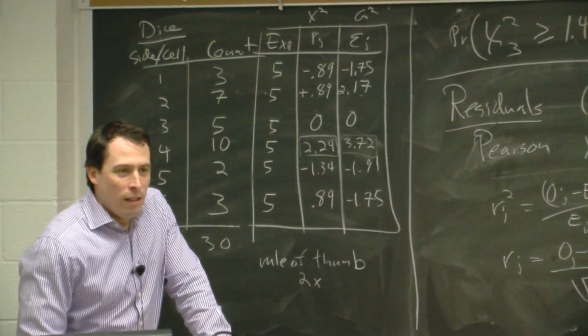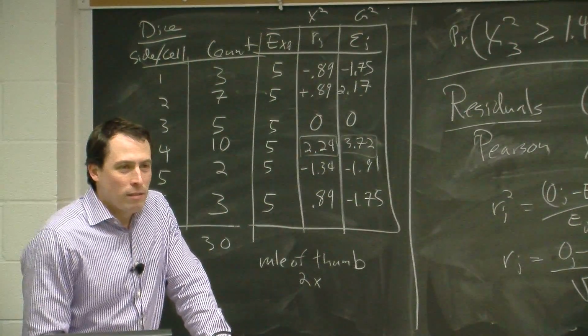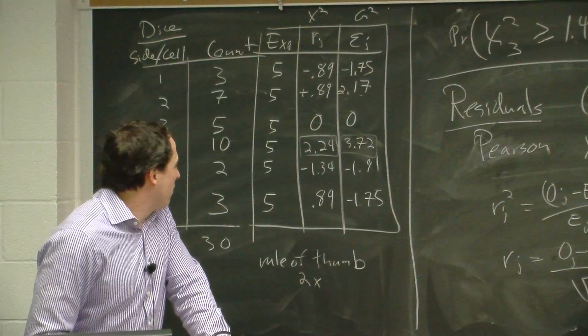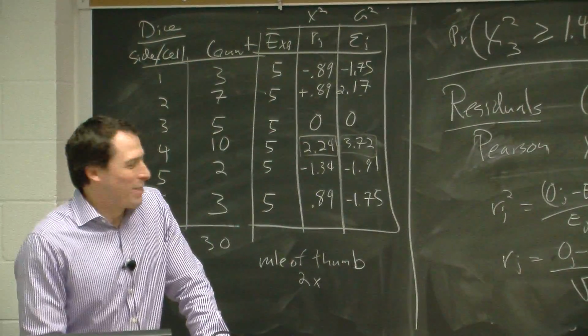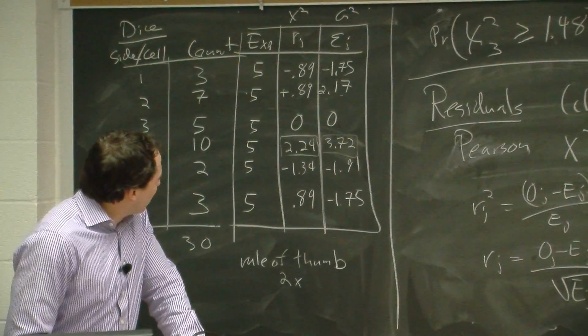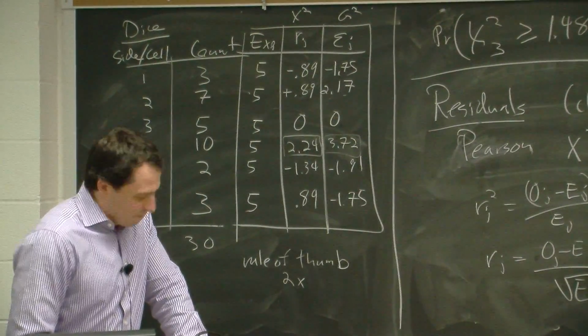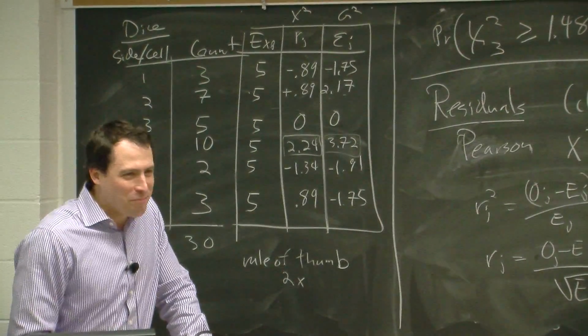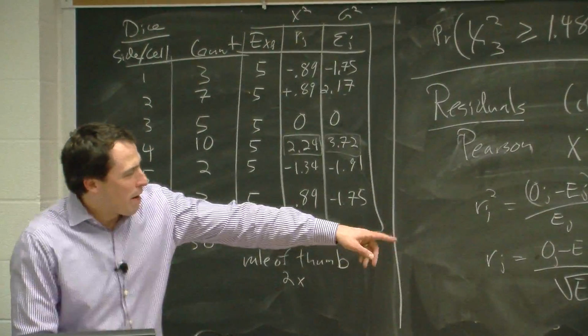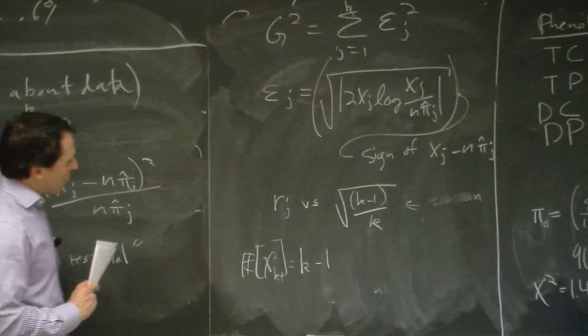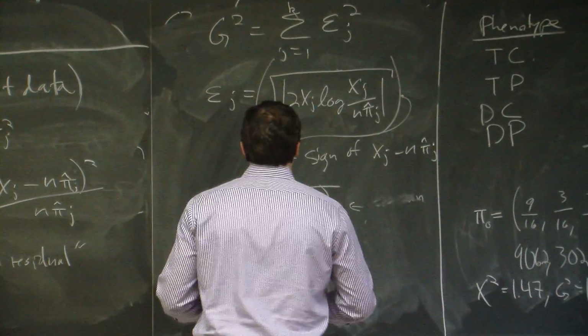So universally, we're comparing the residuals to 2. No, stick with that. For the G squared, is it the same number? I don't know, I have to think about that. Yeah, you're comparing it to this number.